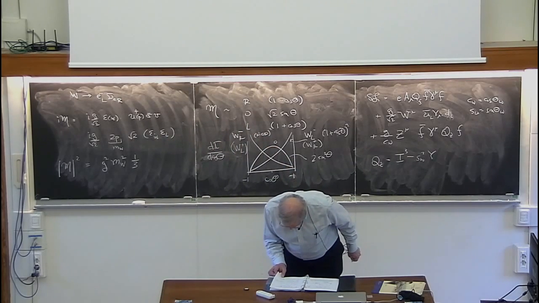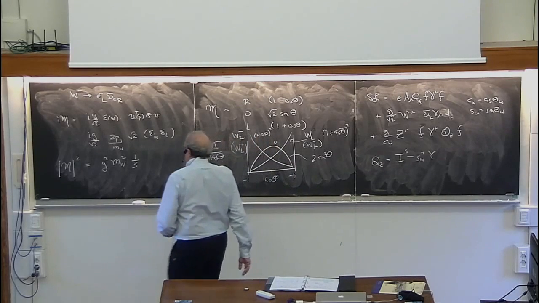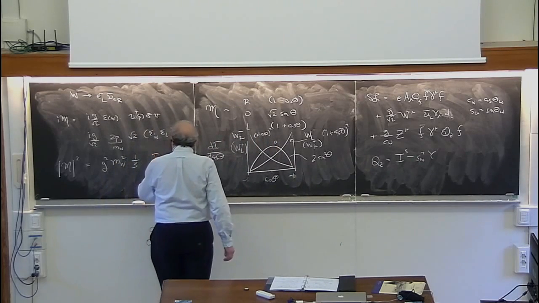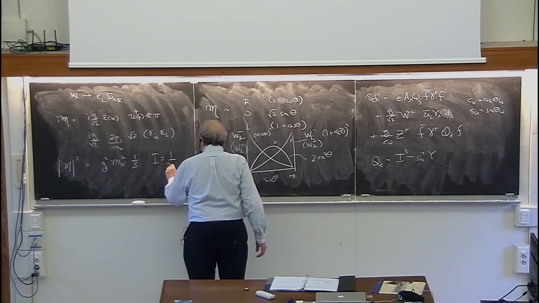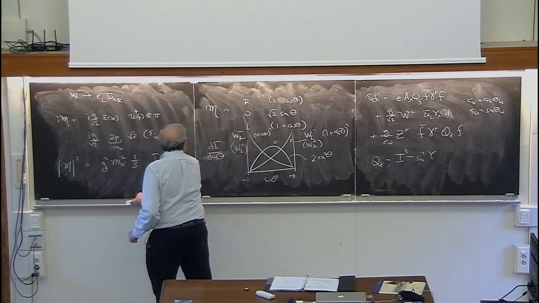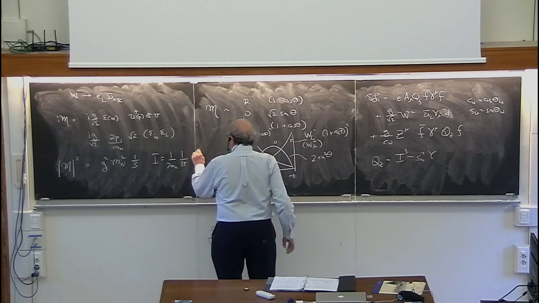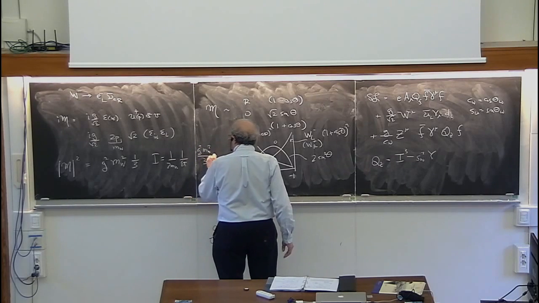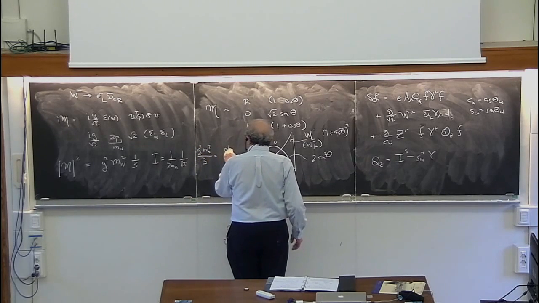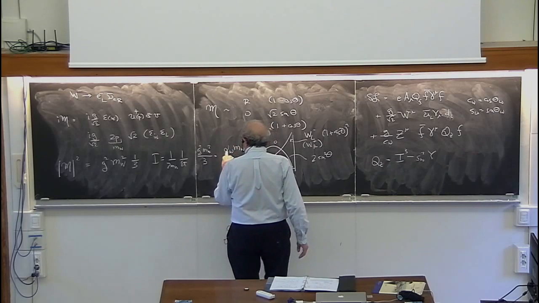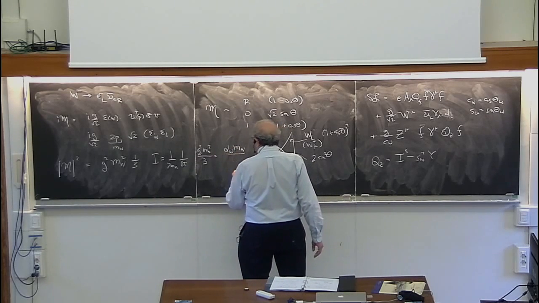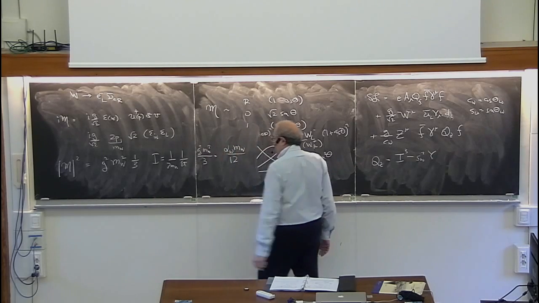And that's pretty much it. Gamma is equal to 1 over 2 mw, phase space, the value of the matrix element, and I'm going to write the answer in the following way. Alpha weak times mw divided by 12. That's very simple.